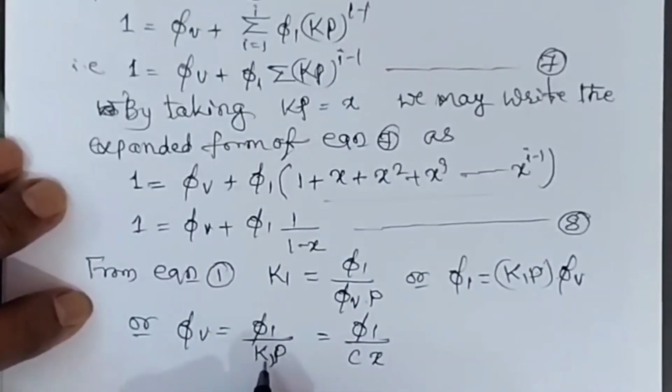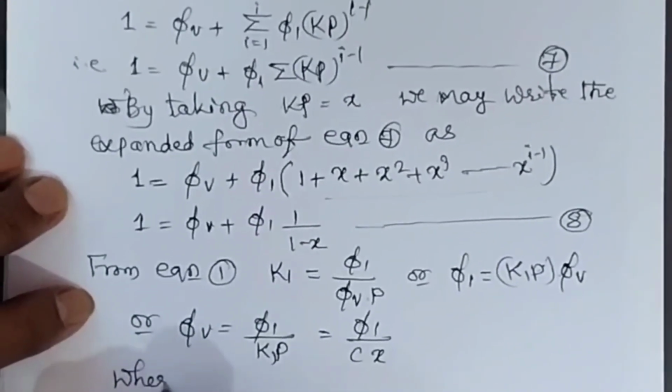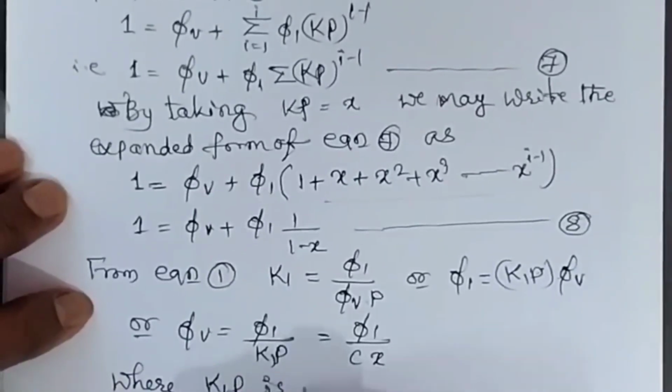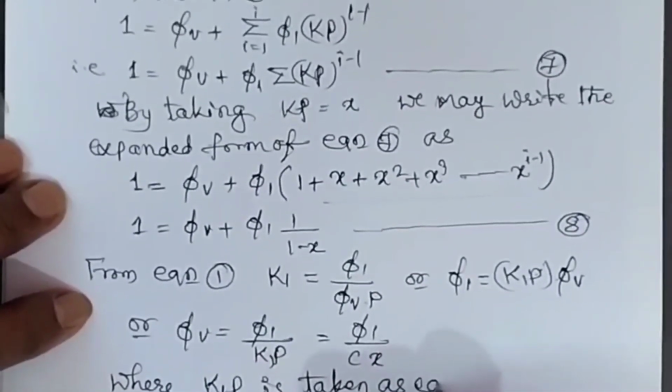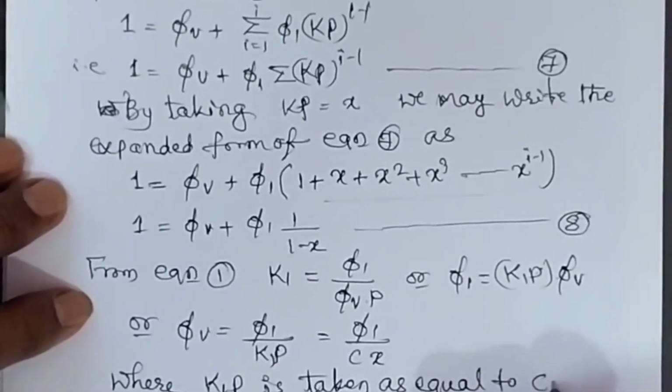Here instead of taking the Kp equal to x, some other constant is also used. Here K1 P is taken as equal to cx.